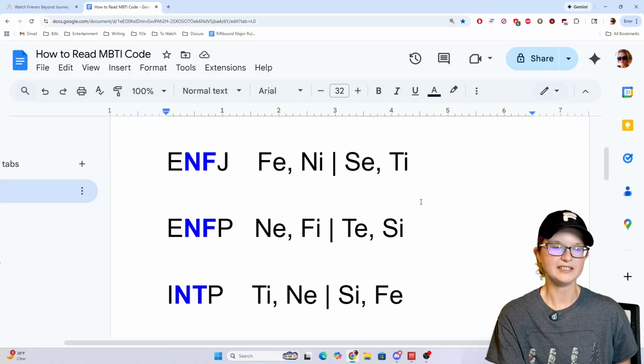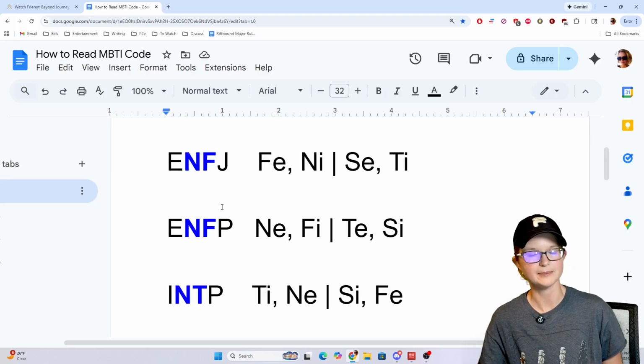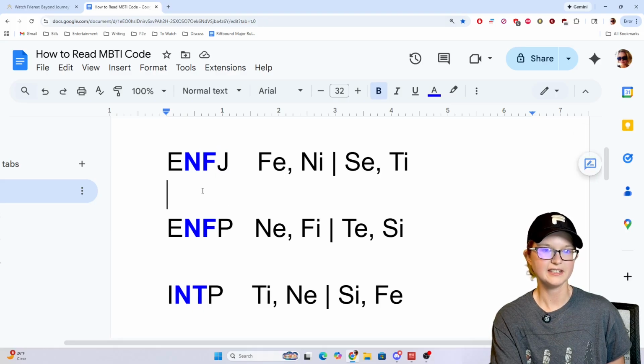So let's go through a few different examples here. We have the ENFJ. We know that the first two functions are going to be N and F, but we don't know what order they're going to be in. So intuition and feeling, just keep that in the back of your mind. We know from the J that they're going to extrovert their third letter, which is feeling in this case. And we know from the E, the first letter, that they are going to extrovert their dominant function. Well, we just learned that feeling is extroverted.